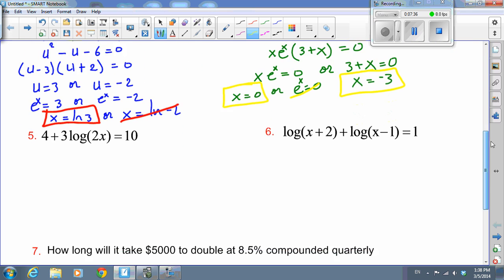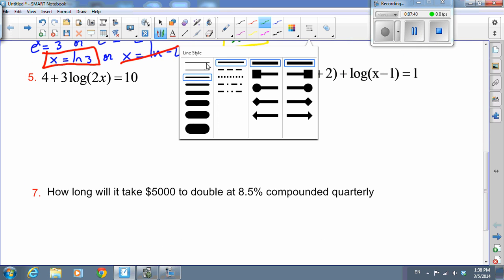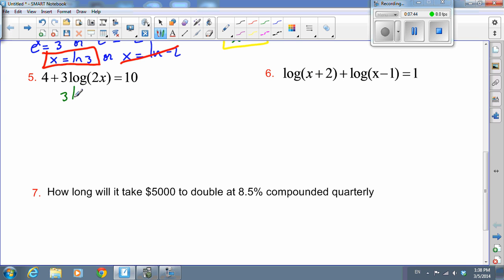On number 5, I will use again my algebra skills. So let's first start by subtracting 4 from both sides to get 3 log of 2x is equal to 6. Divide by 3 to get log of 2x is equal to 2. Now change it into exponential form.